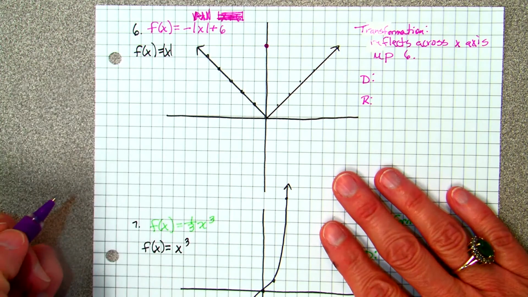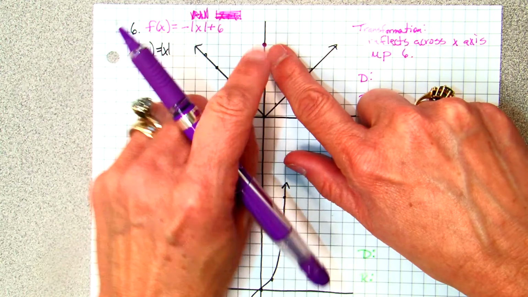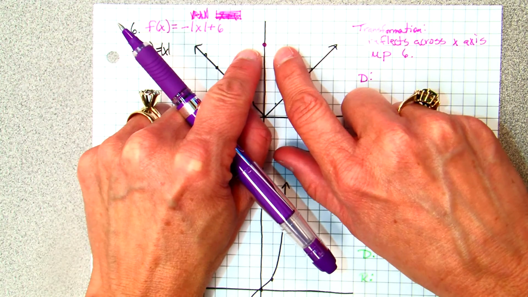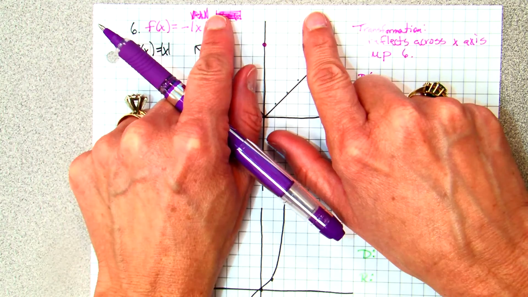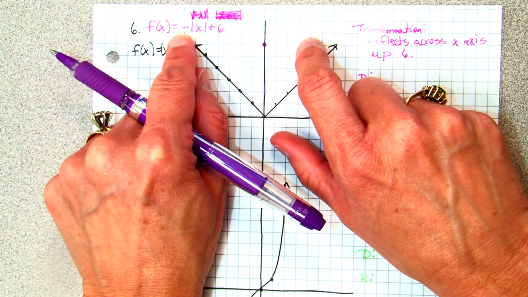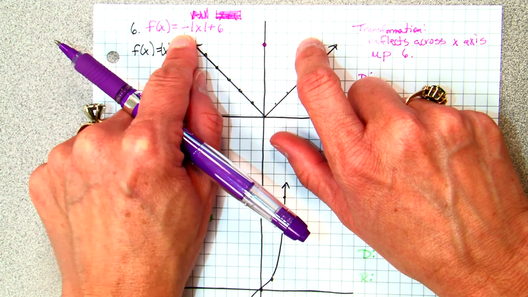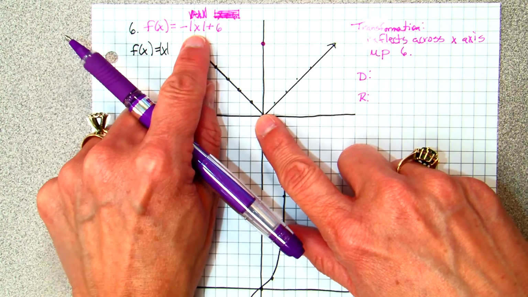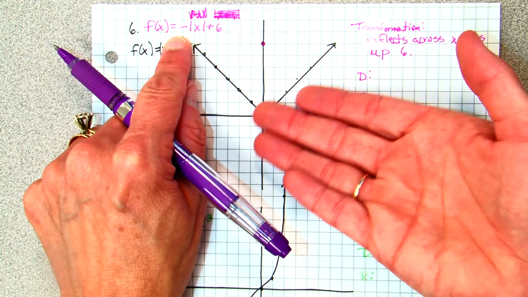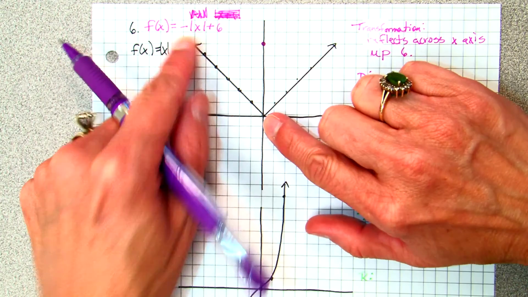Now normally, from where my new vertex is, you're out 1, up 1, out 2, up 2, out 3, up 3. Well, in this case, it has turned upside down. It's a reflection across the x-axis. In reality, the first thing that should happen is take this one and reflect it upside down. The vertex is still here.